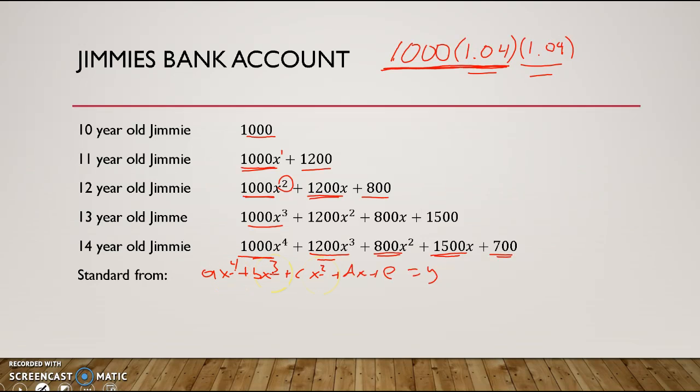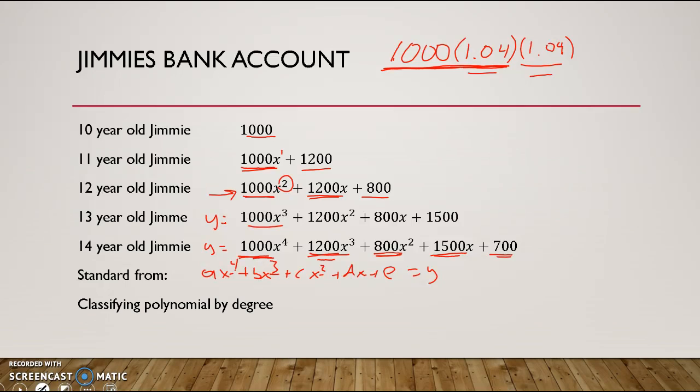Now it doesn't have to start with 4. This is in standard form here, and it starts with 2. But the first exponent, the x squared, is our biggest degree. And then we have all the other degrees after that. And so when we talk about standard form, this is the kind of form that we're talking about. It would just be y equals this, or y equals this, and so on.